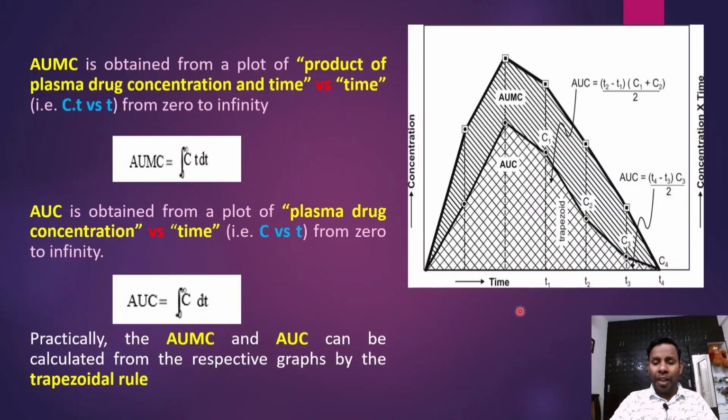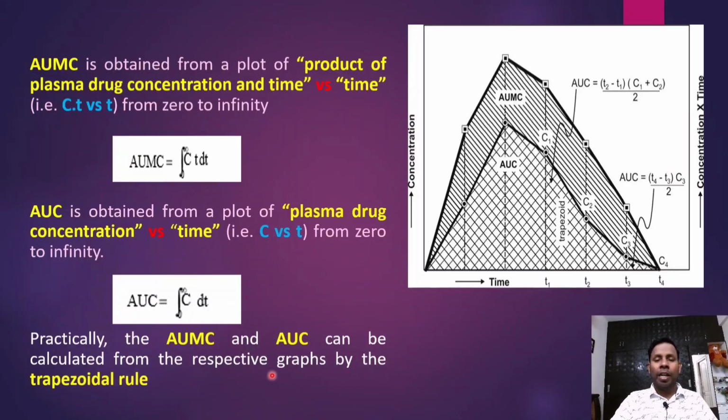But if we plot a curve between time and C into T, concentration multiplied by time, that will be AUMC. So a curve between time versus C gives AUC, and a curve between time versus C into T gives AUMC. Practically, AUMC and AUC can be calculated by using the trapezoidal rule.